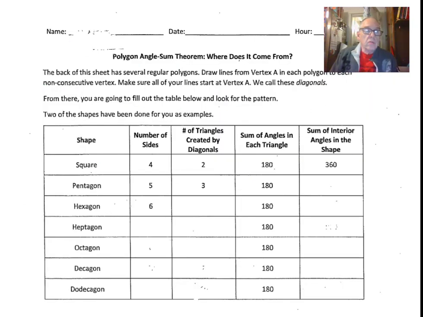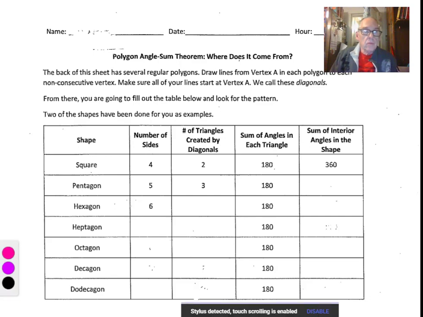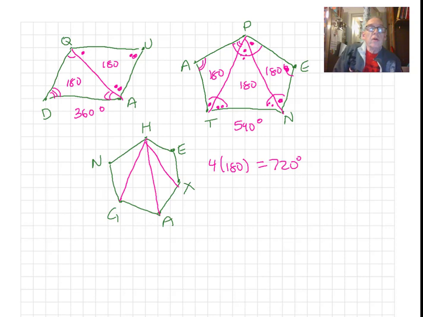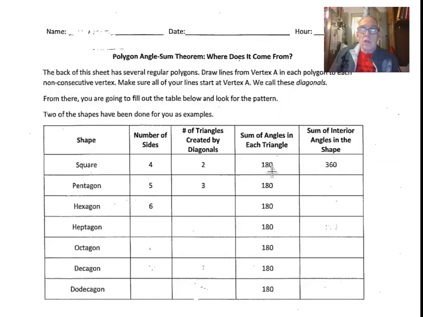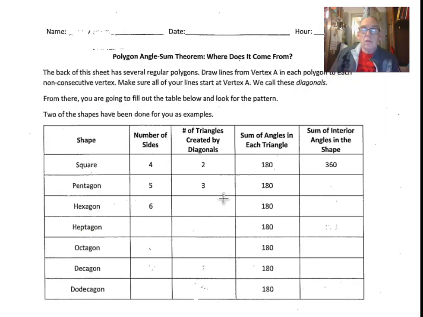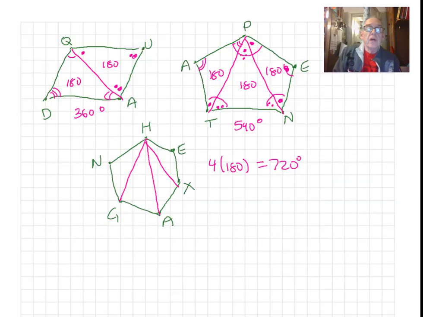So let me change colors up. To fill this in, let's see what we got. A square, 4 sides, or parallelogram, 4 sides, quadrilateral, 4 sides. You do the diagonal, and you get 2 triangles. And each triangle is 180 degrees. That gives you 360. We did the pentagon. We got 3 triangles. 3 times 180, 540 degrees. Did the hexagon.